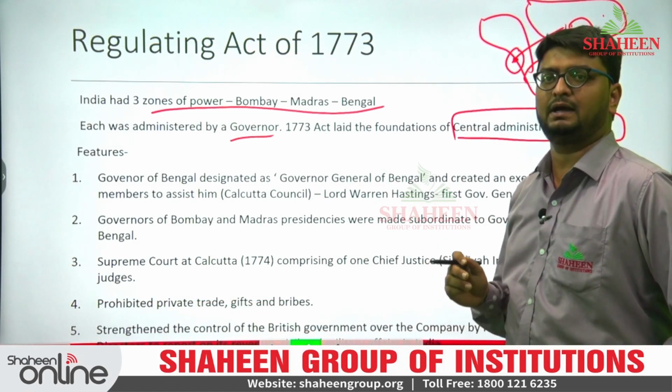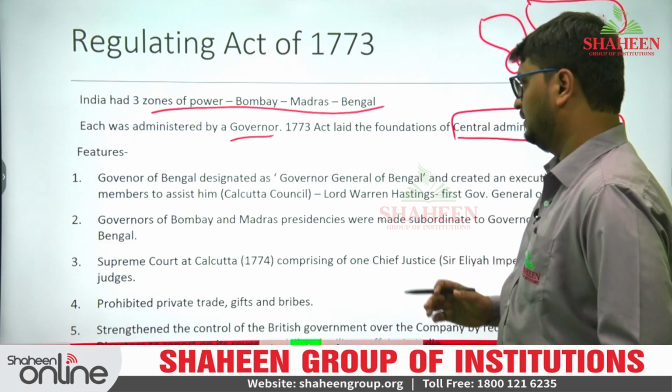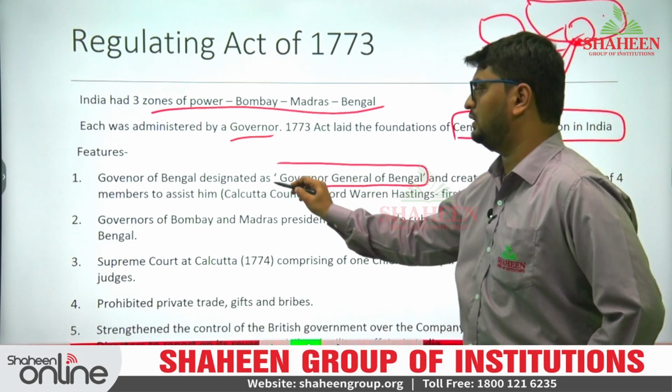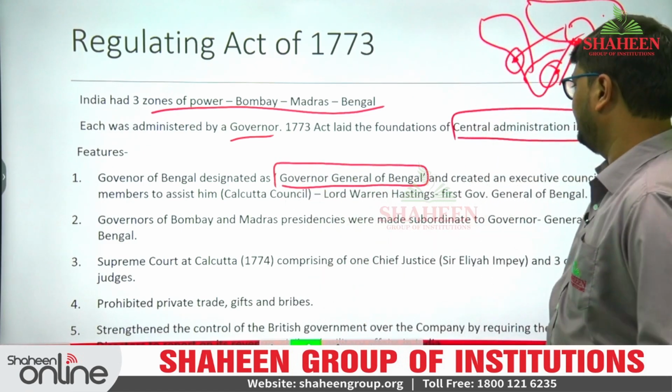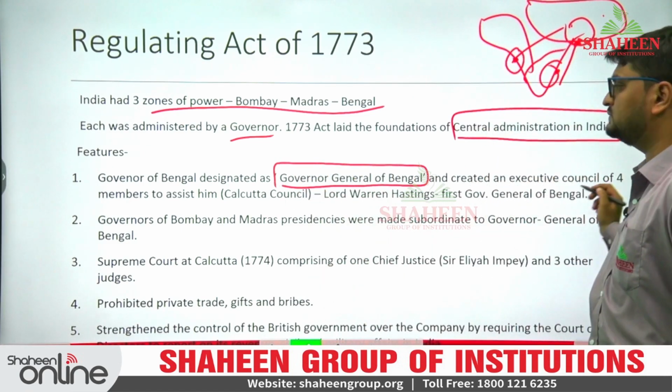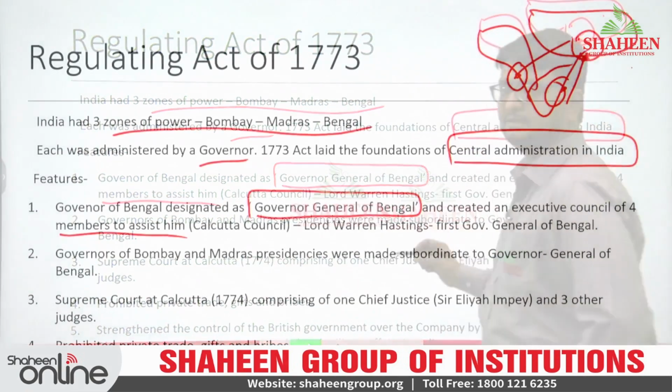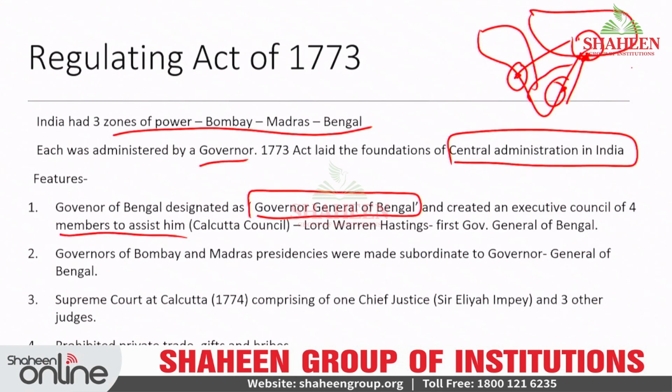The Governor of Bengal is now called the Governor General of Bengal, and an executive council of 4 members was created to assist him. The Governor of Bengal has become powerful.